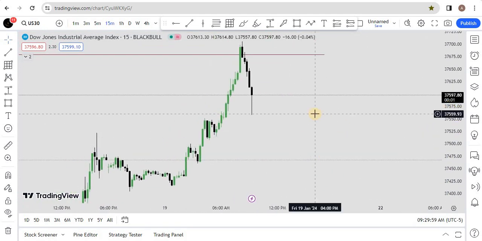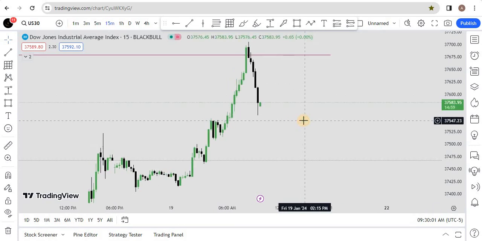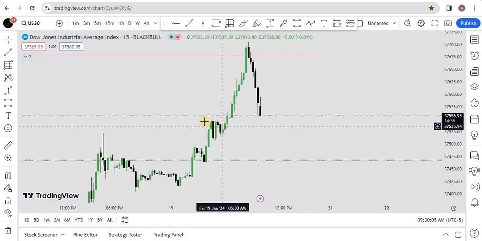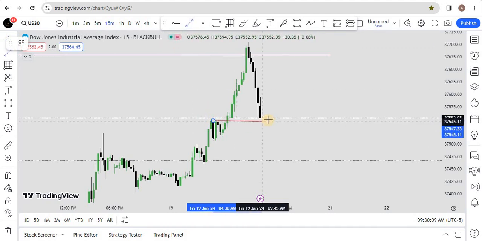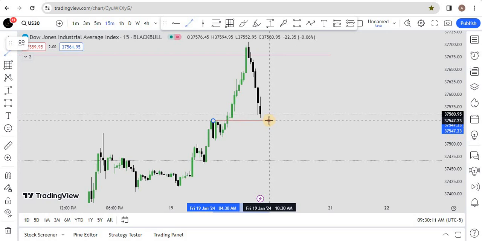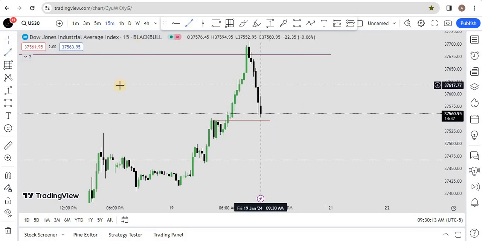I have 1 minute and we will see. We have this order block. Does price respect this order block or not? This is the 15-minute order block.